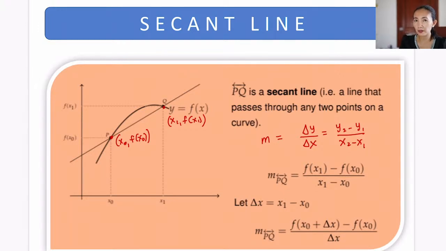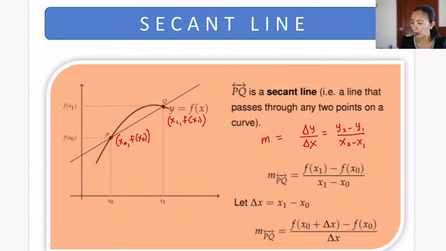The slope of the secant line PQ then is given by y sub 2, which is f of x sub 1, minus y sub 1, which is f of x naught, all over x sub 2, which is in fact x sub 1, minus x sub 1, which is x naught.